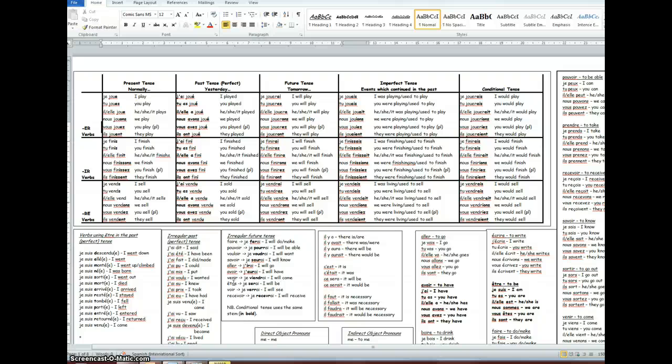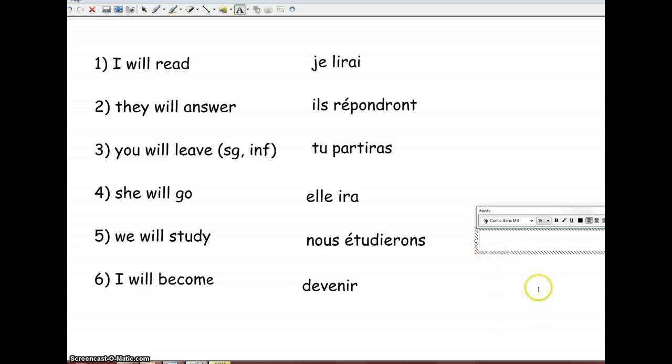So if we look at venir, the stem for venir is V-I-E-N-D-R, viendr. Because I will come is je viendrai. So we start off looking at venir, and we realize the stem for venir is irregular, viendr.